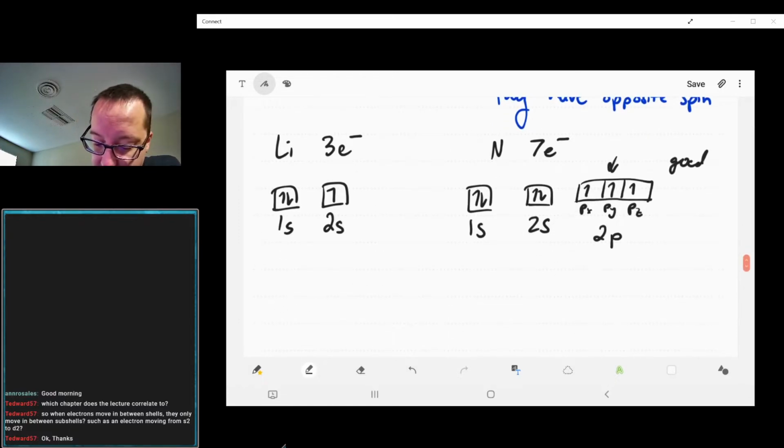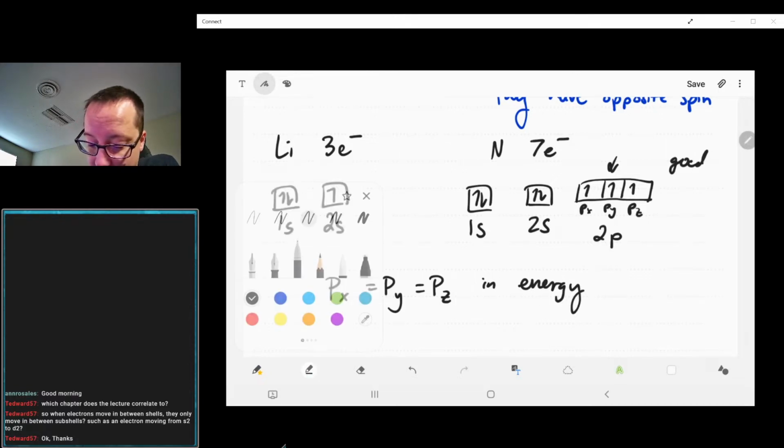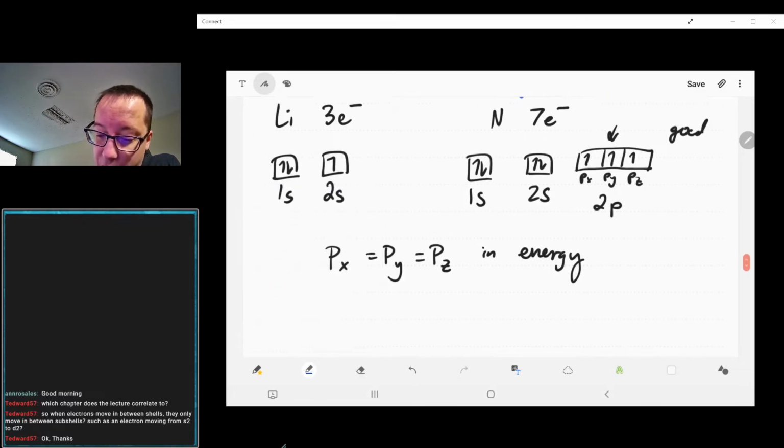So we have some vocab here. Since these three p orbitals are equivalent in energy to each other, equally distant from the nucleus, just arranged in different directions, we say that these orbitals are degenerate. That means they have the same energy.